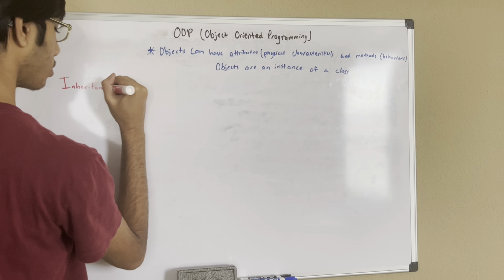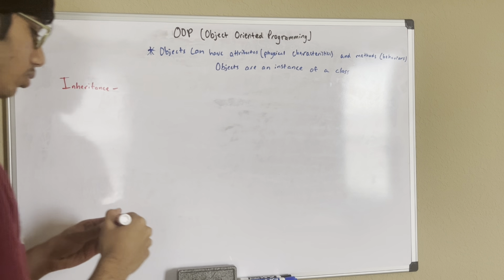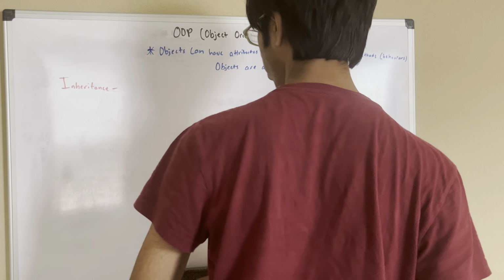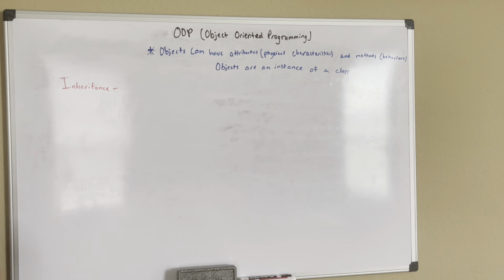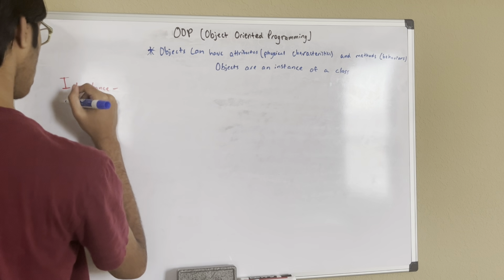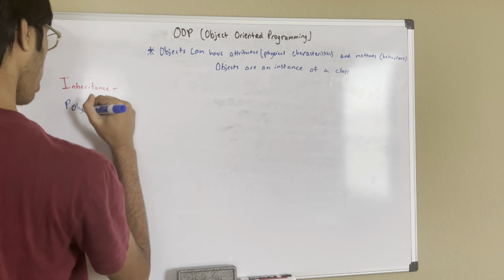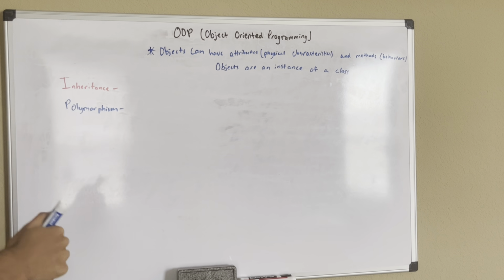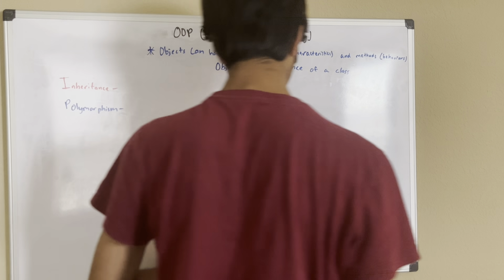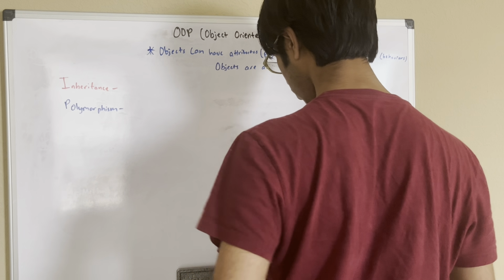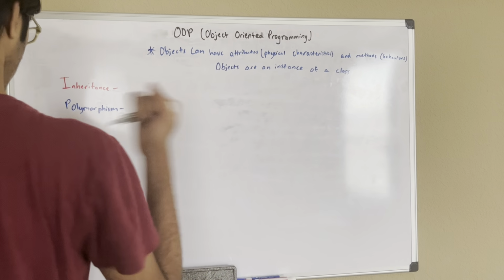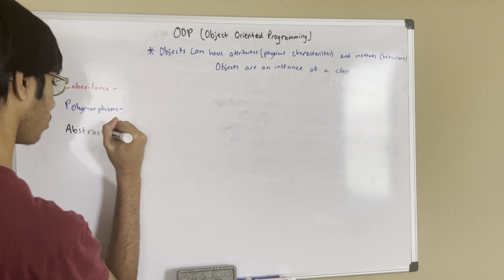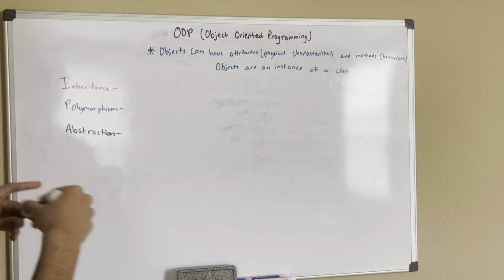Object-oriented programming has 4 key fundamental concepts. AP must know 3 of the 4 because one of them was removed from the exam as of the 2019-2020 school year. And you'll know which one that is. So you got inheritance, you got polymorphism, and then you have abstraction, and then you got encapsulation.